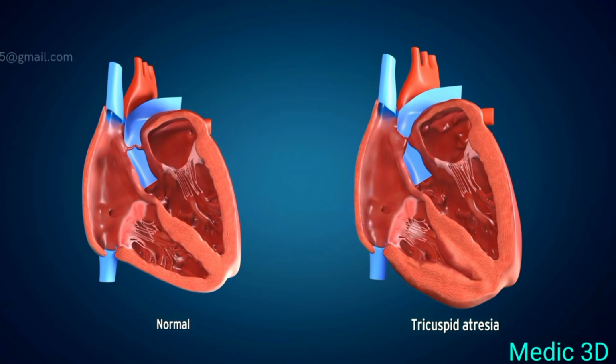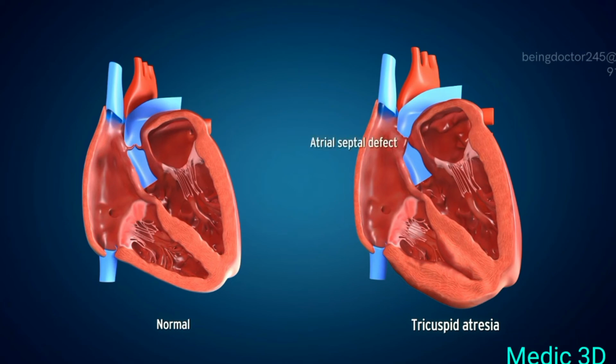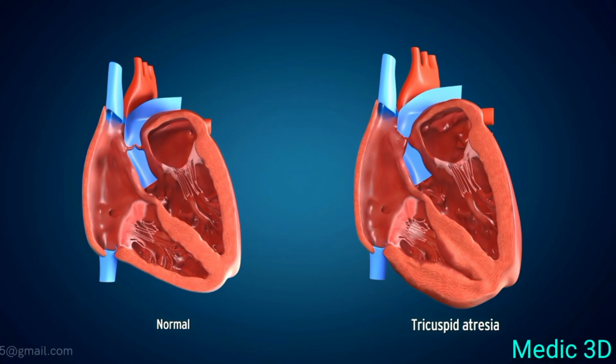This small right ventricle is supplied with blood through a ventricular septal defect from the left ventricle. The blood circulation is maintained through an atrial septal defect that affords communication between the left ventricle and the underdeveloped pulmonary artery. The affected children are cyanotic since birth and live for a few weeks or months.